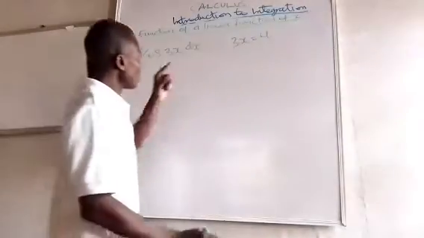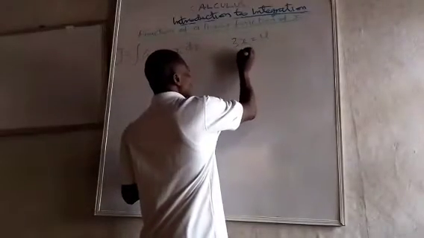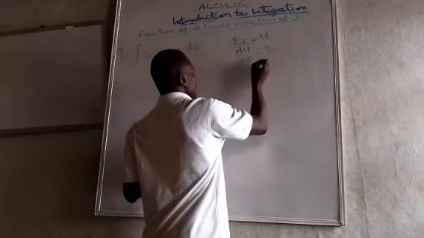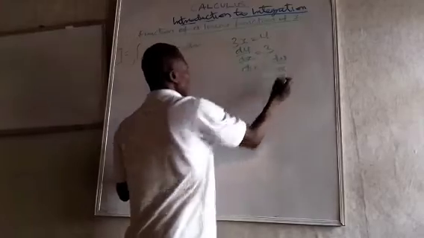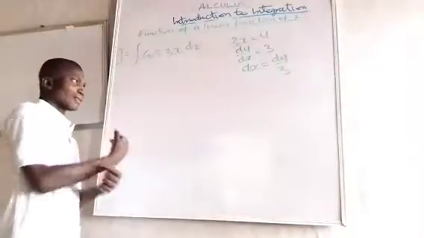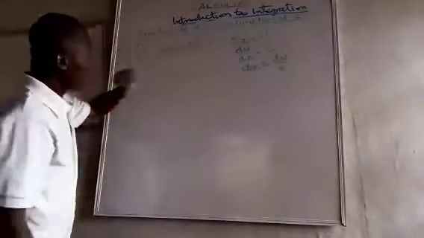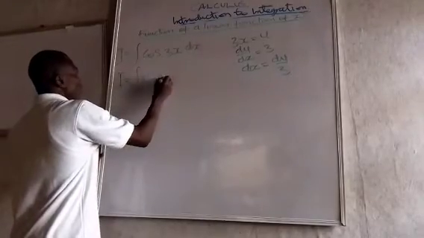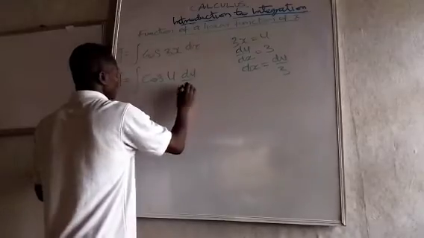You can see we are working it back to what we got the expression from. Now, we can say I equals the integral of cos u du over 3.